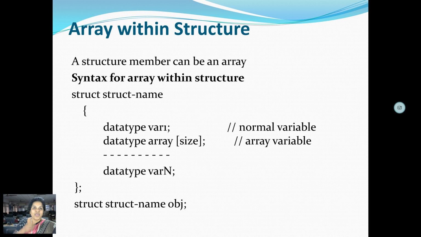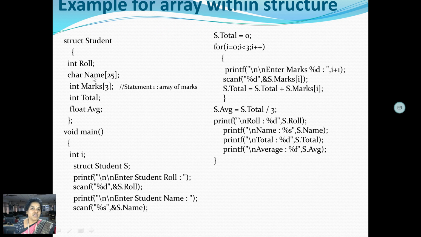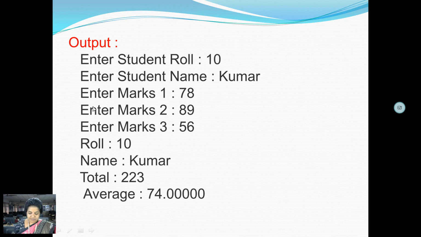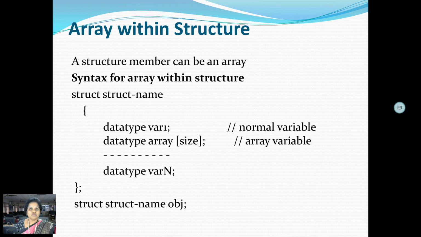Next, coming to the array within the structure. A structure member can be an array. For example, here name is an array within the structure, and marks is also an array present in the structure. So that is an array within the structure.